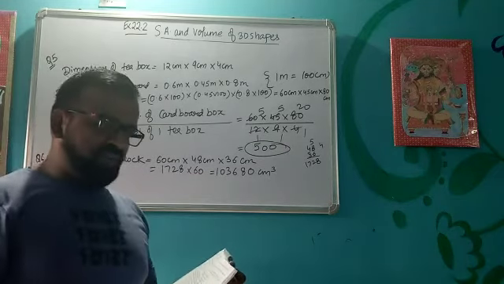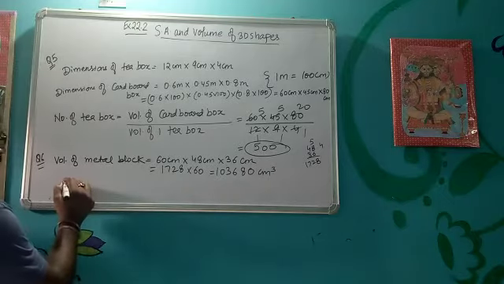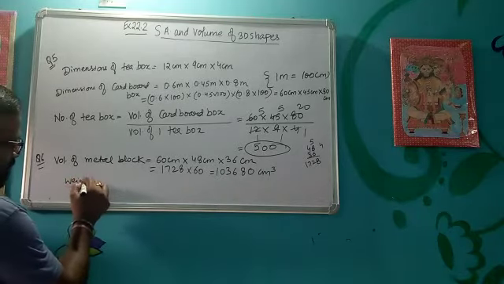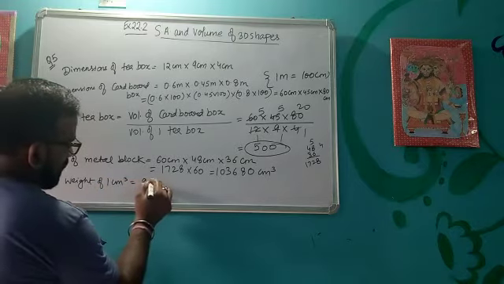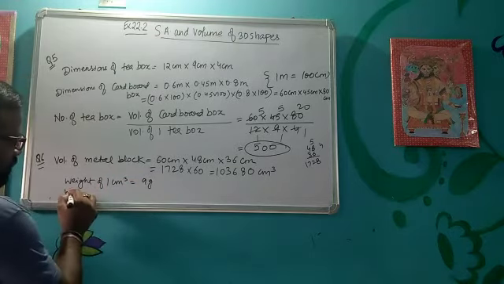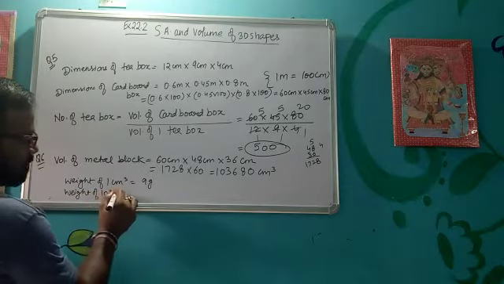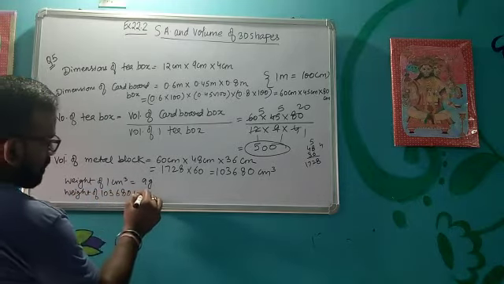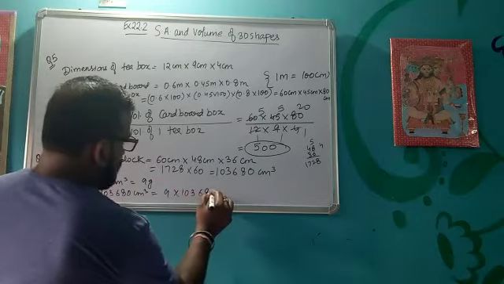Now we have to calculate its weight. If 1 centimeter cube weighs 9 gram, so the weight of 1 centimeter cube is 9 grams. So what is the weight of this much? 9 into 103680.